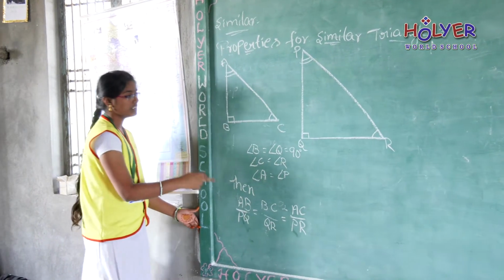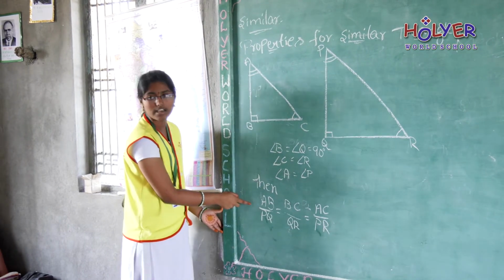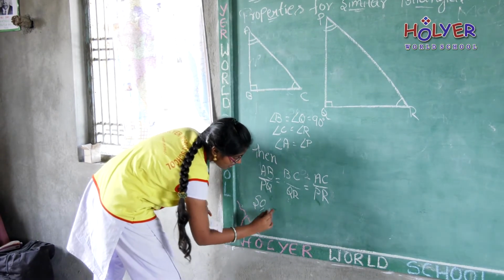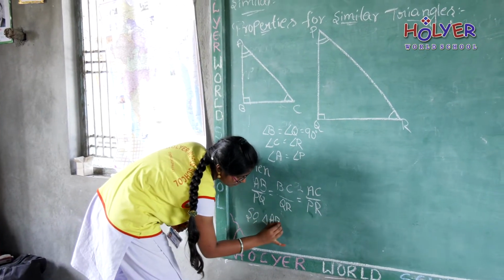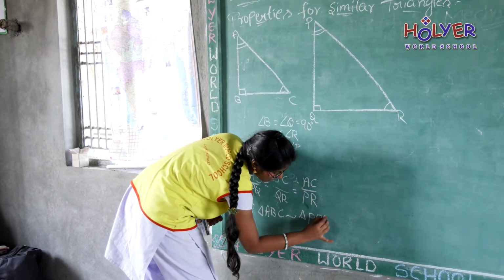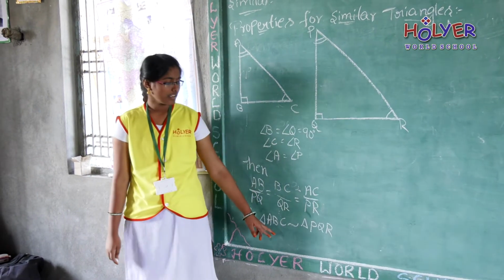Then the two triangles are similar. Why? Because the corresponding angles are equal and the corresponding sides are in the same ratio. So triangle ABC is similar to triangle PQR. This symbol is the symbol for similar.